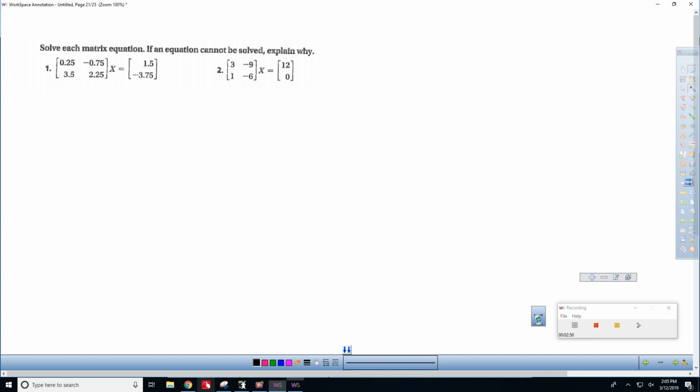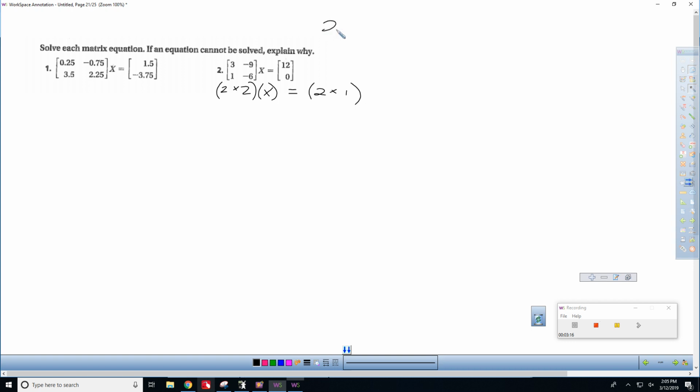What do we have going on here in number 2? Well, we have a 2x2 matrix multiplying by something, x, and the answer is a 2x1 matrix. So the question is, what is x? How do we take a 2x2, multiply it by something, and get a 2x1?